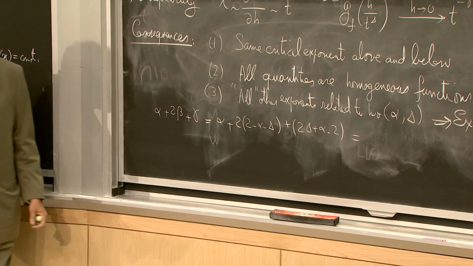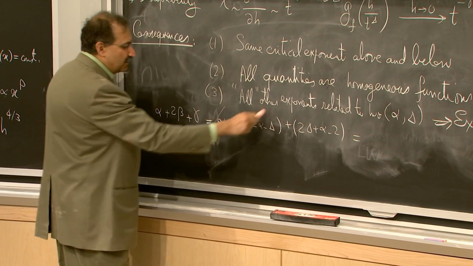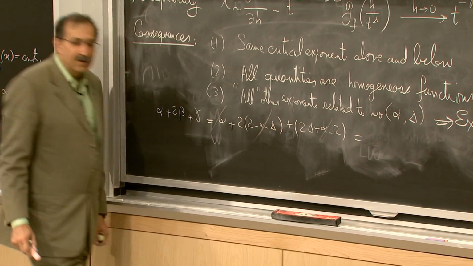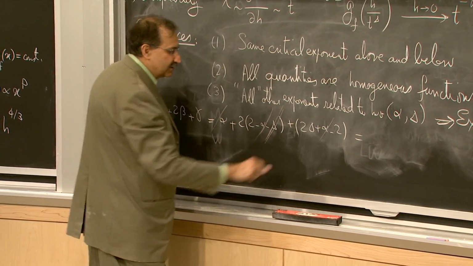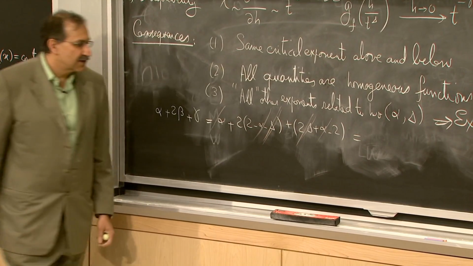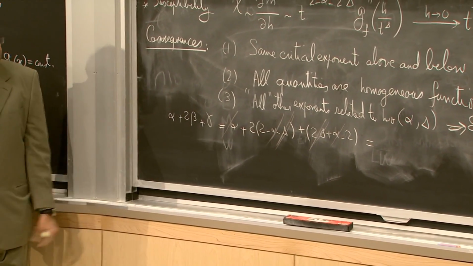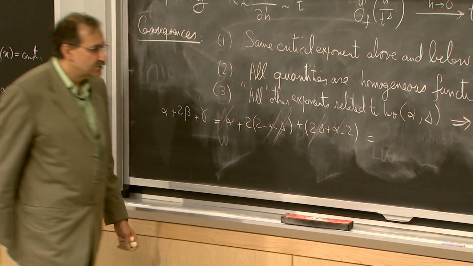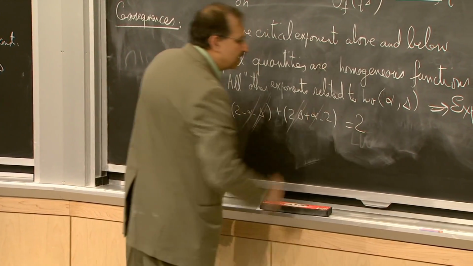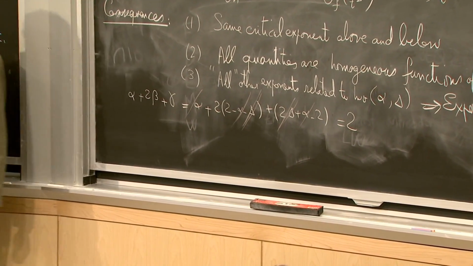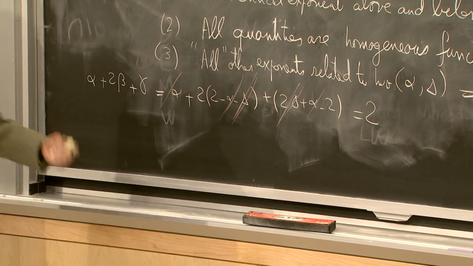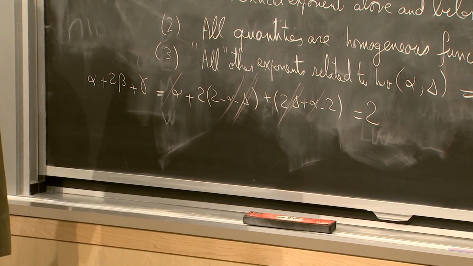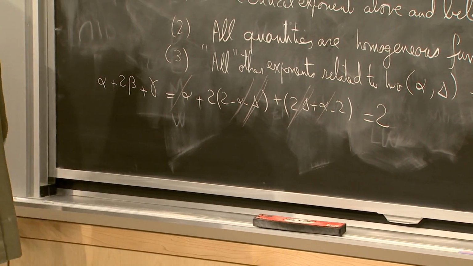With the algebra, there's 1 alpha minus 2 alpha plus alpha. Alphas cancel. Minus 2 deltas plus 2 deltas. Deltas cancel. I have 2 times 2 minus 2, so that's 2. So the prediction is that we pick some line on the table, add alpha, 2 beta plus gamma, they should add up to 2.